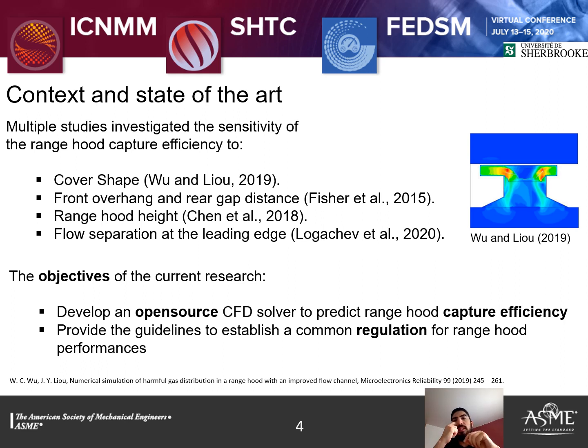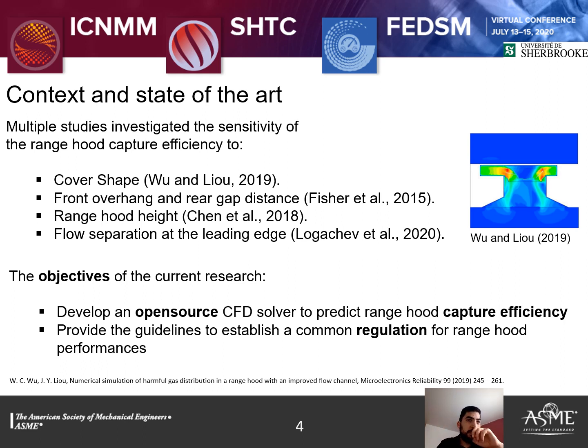Most of the studies in the literature have been done using commercial software like CFX, Fluent, and StarCCM+, and they didn't take into account the range hood system, especially the motion of the fan and the motion of the different equipment of the range hood.